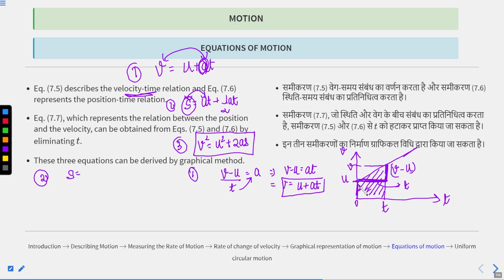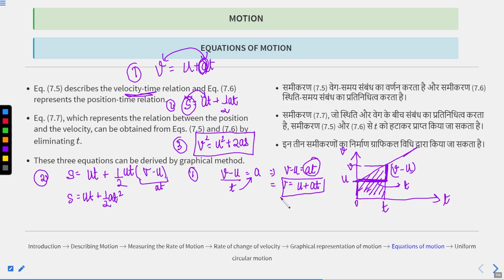Distance is area of rectangle plus area of triangle. Area of rectangle is u times t, ut, plus what is the area of triangle? Half. Base, what is base? t is base. And what is height? Height is v minus u. And from here we know that v minus u is at. So we will replace v minus u by at. We will get s equals ut plus half at square.